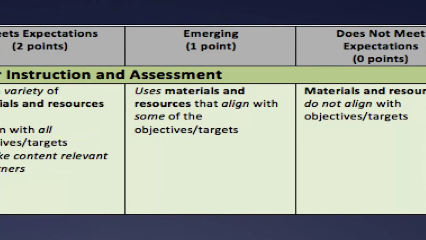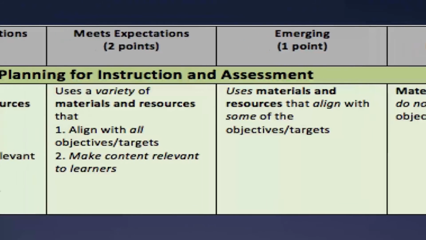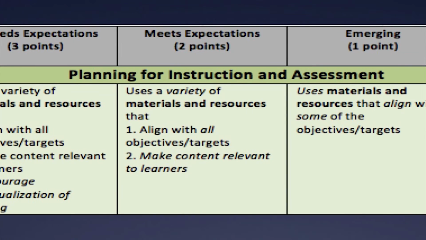In the emerging category, the language changes to "aligns with some," where the student teacher inconsistently provides some grade level texts and some inappropriately high or low level texts. In this case, the student teacher would earn a score of 1. When you look at the column for meets expectations, notice the use of italicized font.